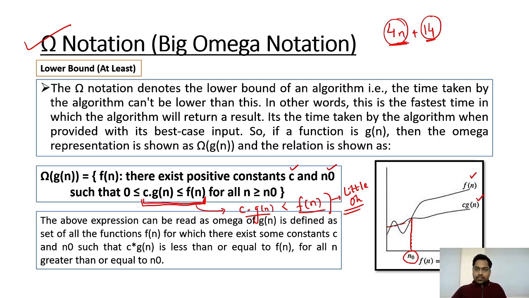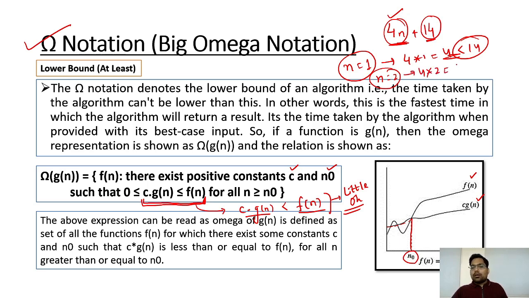Sometimes n is variable, but if you take n equal to 1, then 4 into 1 is 4, and 4 is less than 14. Then why are you picking this as your big O notation? The main reason is that it might have a certain range. For n equal to 2, it is 8, less than 14, not an issue.